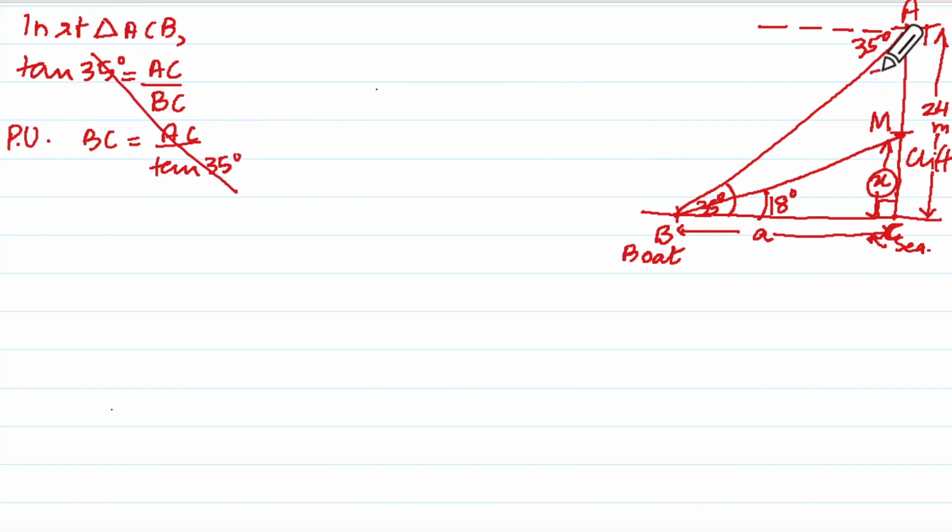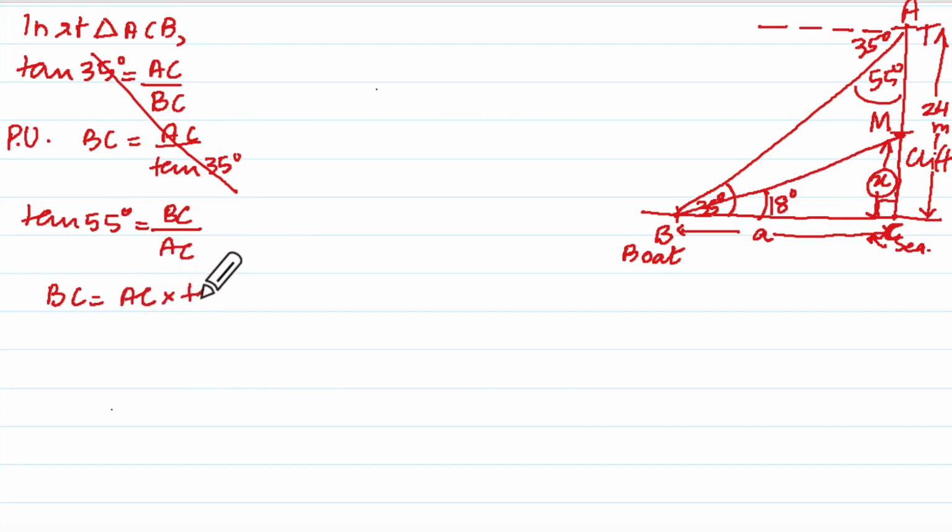Quietly go and write over here, this is 55 degrees, and take tan of which angle? 55 degrees. That will be just the reciprocal of this, BC upon AC, correct? So our BC will be equal to AC multiplied by tan 55 degrees.